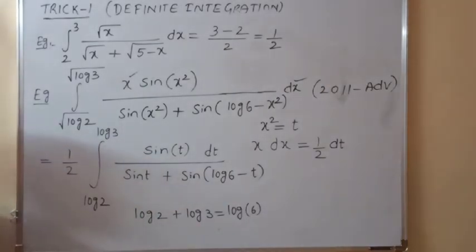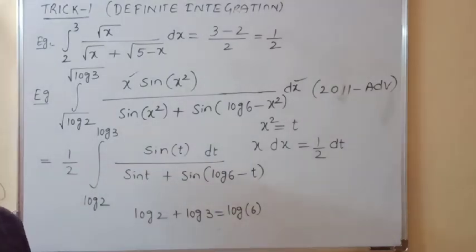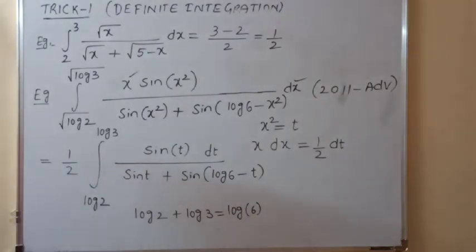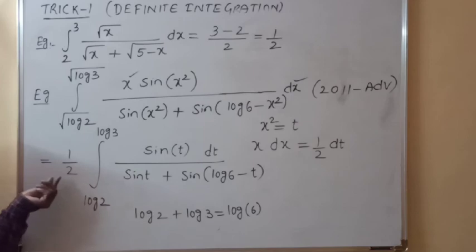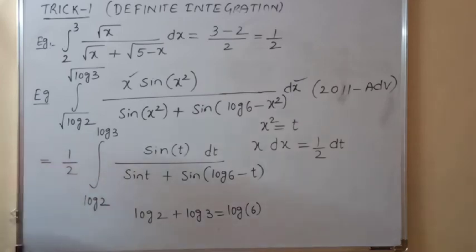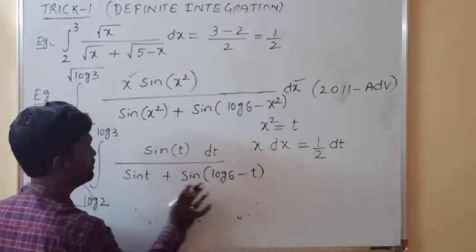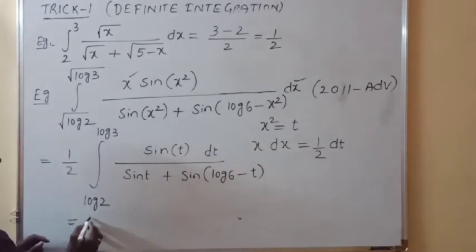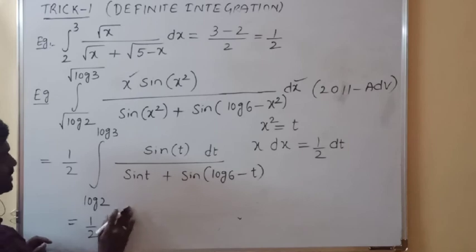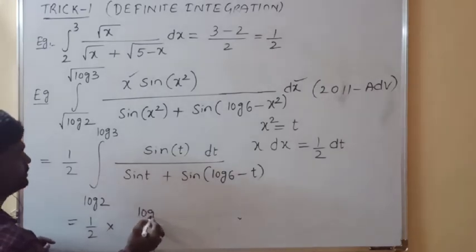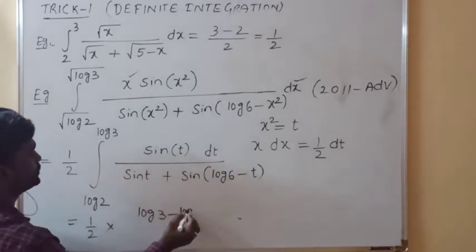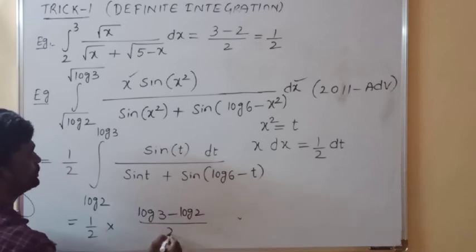So that means it is in the form of integral a to b, f of x by f of x plus f of (a plus b minus x) into dx. What is the formula, or what is the trick? Upper limit minus lower limit divided by 2. But before the integral we have 1 by 2, so that 1 by 2 you write as it is. And the value of this integral is, upper limit log 3 minus lower limit log 2, divided by 2.